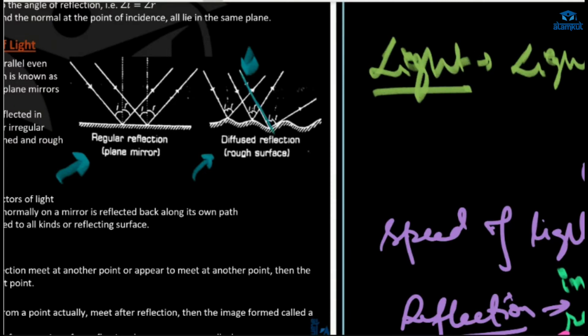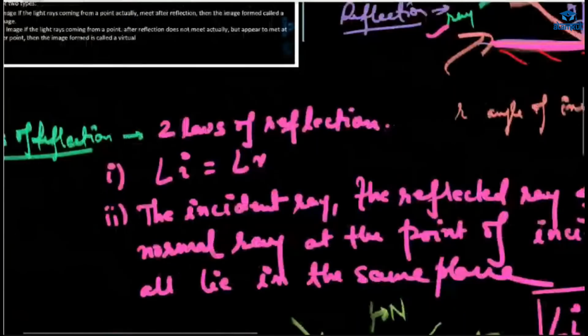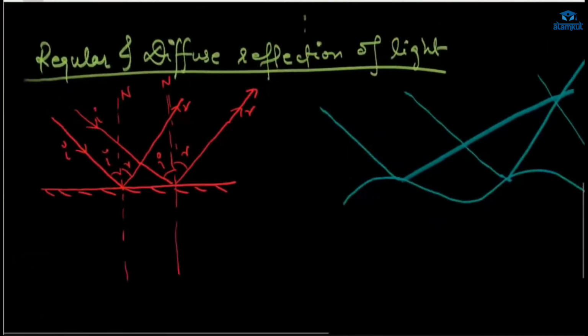It's incident here at this point, and then gets reflected, and there is nothing like the angle being equal. This is not regular reflection, right? And here we see that it's smooth, regular, and the reflection is totally smooth. So if the surface is plain, the light's reflection will be smooth and regular. And if the surface is rough, the reflection will get diffused.